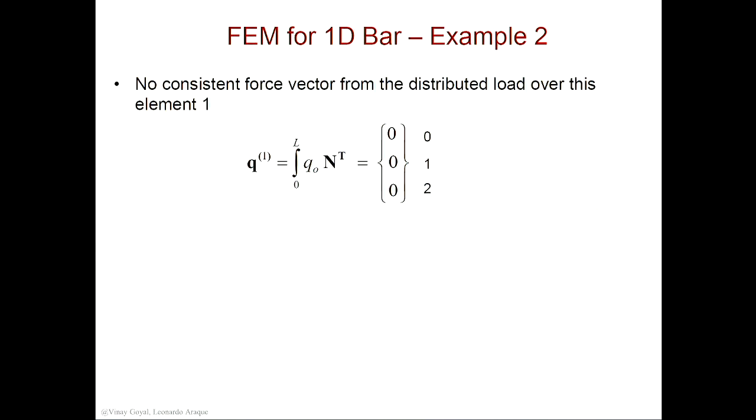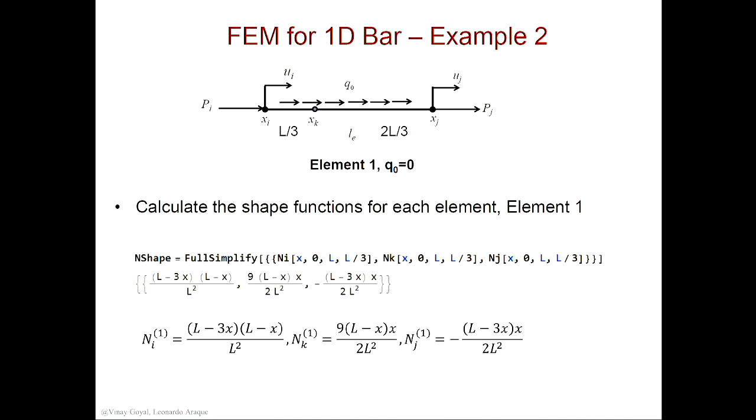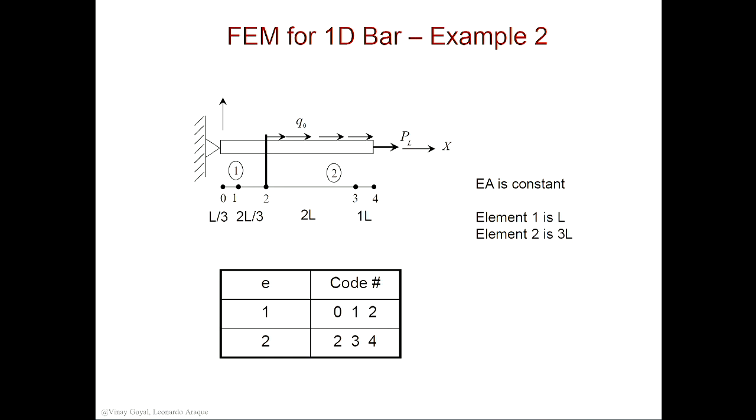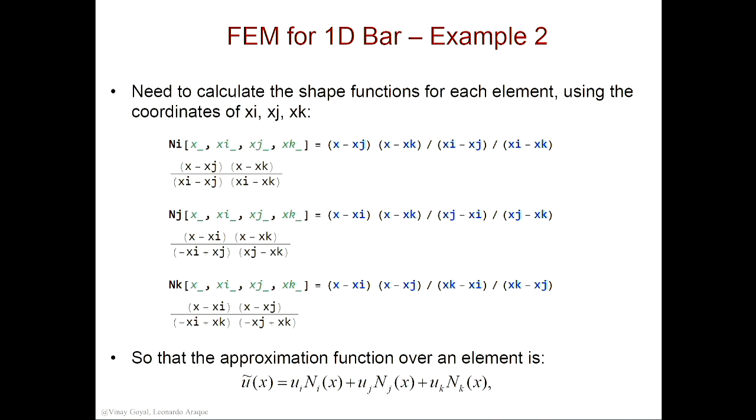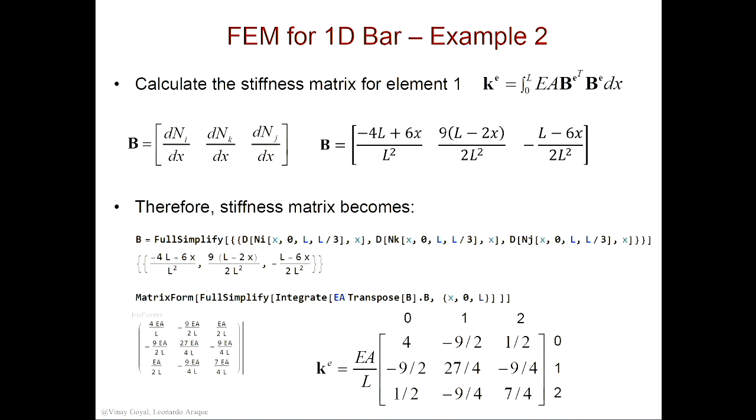Okay? And the example was a bar problem. And if you see here, the shape function for element 1 for the problem that had to do with this. This is the problem. 2 elements, different sizes. If you saw this problem, the shape function was different for each element. You can see that here. And not only that, the derivative is different. But I have to calculate it each time.